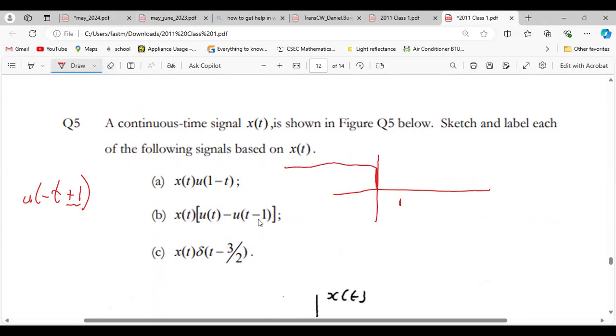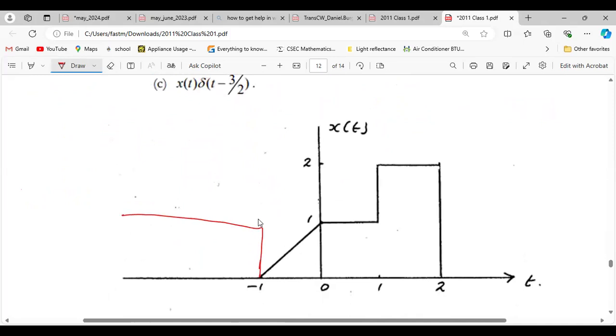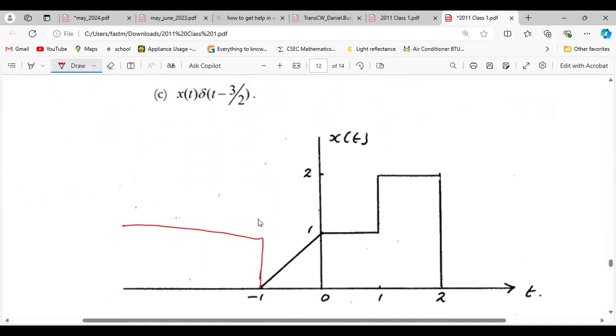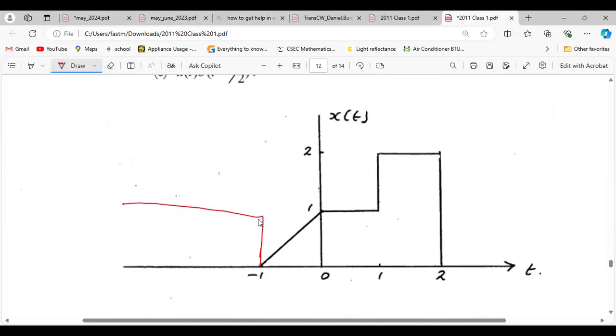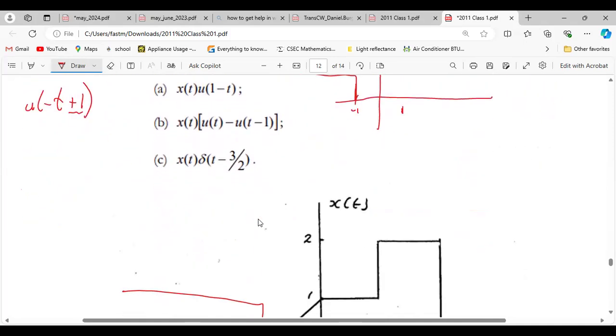And then if I shift this plus one, you will end up with it looking like this. If you multiply this by this here, you won't get anything. So it will be empty. That is that one. Another trick in that question is if you apply the same law, you'll get that question wrong.